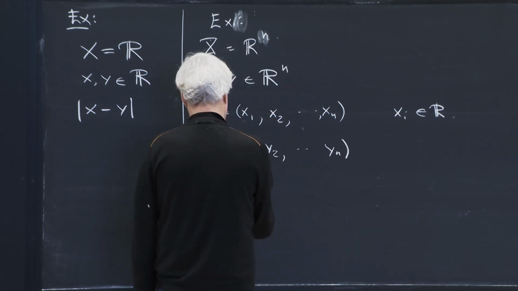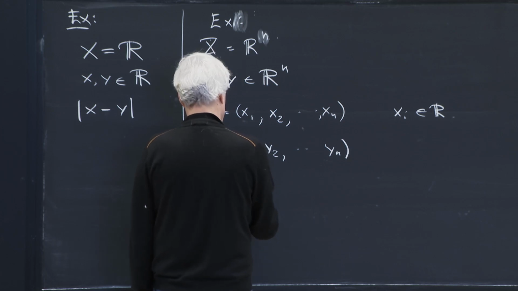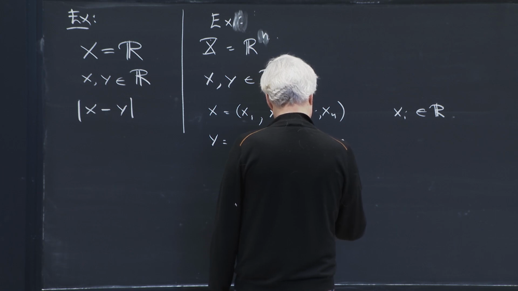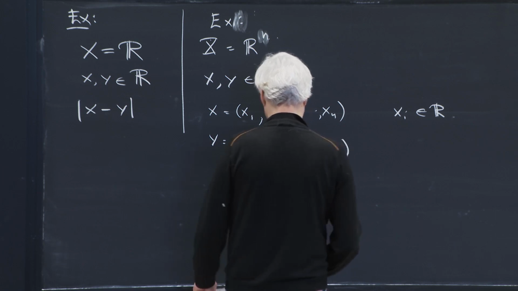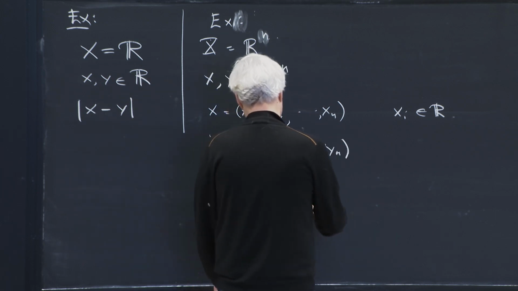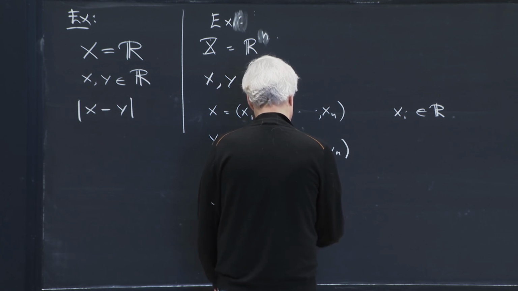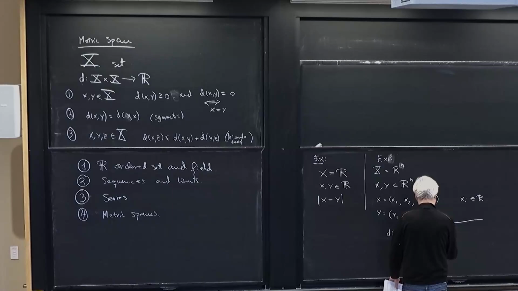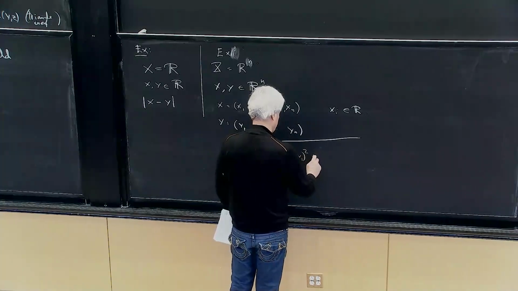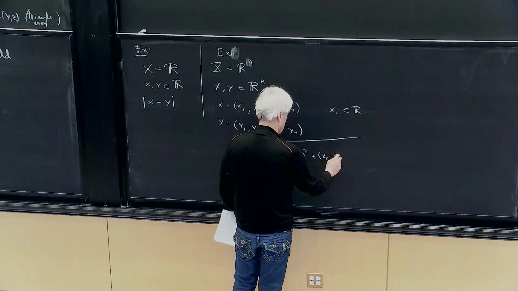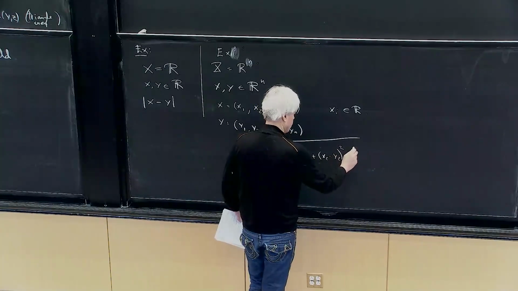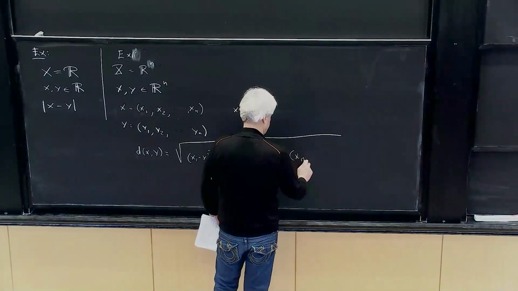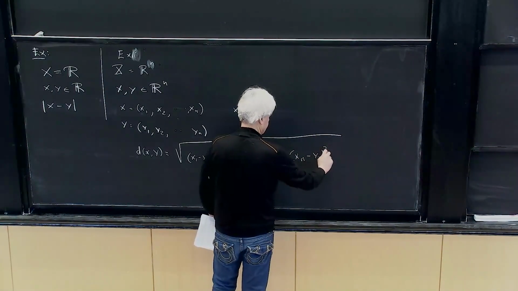Then the natural distance here is what's called the Euclidean distance. It's given by Pythagoras. It's the square root of the sum of the squares: x1 minus y1 squared plus x2 minus y2 squared plus, all the way up to xn minus yn squared. Right?